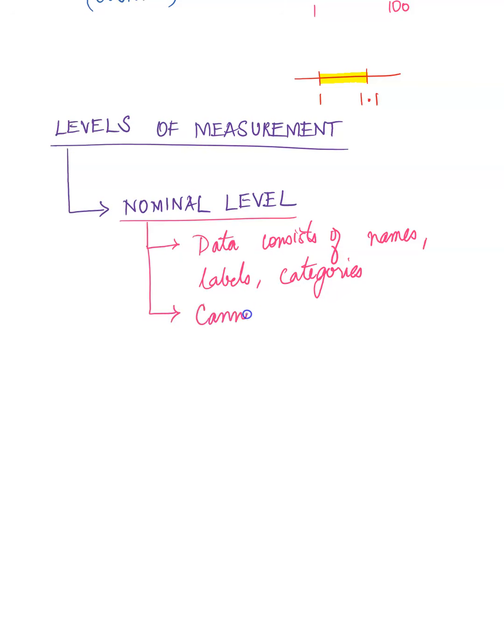The data cannot be arranged in some order, right? For instance, if we were talking about the eye color, you can't arrange it in some order. When I say order, I mean high to low, kind of priority. You can arrange it maybe in alphabetical order, but not in some kind of priority.